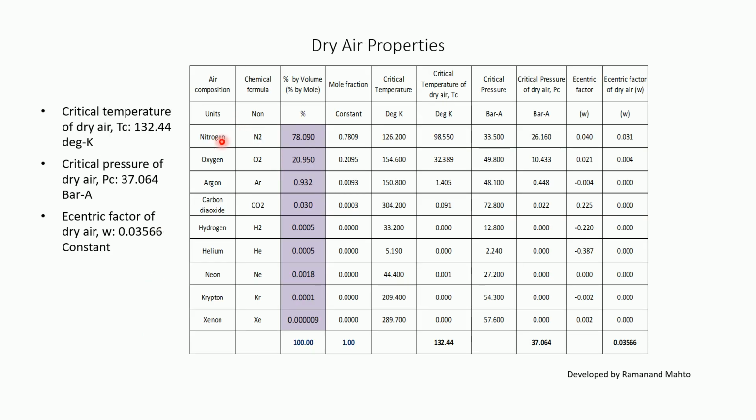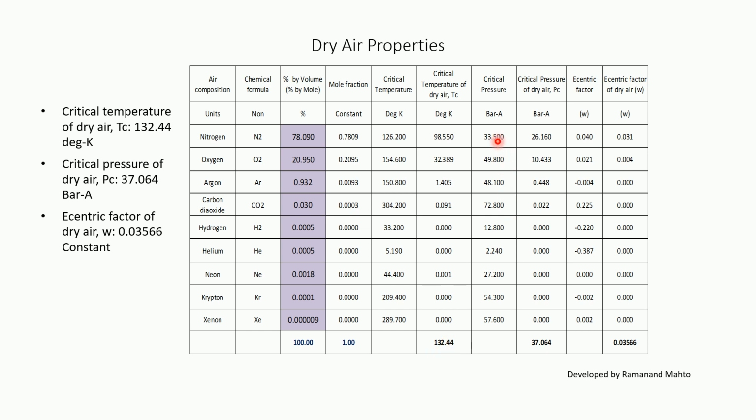Like dry air properties, we have nitrogen, oxygen, argon, carbon dioxide, hydrogen, helium, neon, krypton, xenon. We have percentage by volume data, so just divide by 100. This will give the mole fraction of each component of dry air. We know the critical temperature of each component. Just multiply the mole fraction with the critical temperature, which becomes the critical temperature contribution of that component, and add all the components, it will become the critical temperature of dry air.